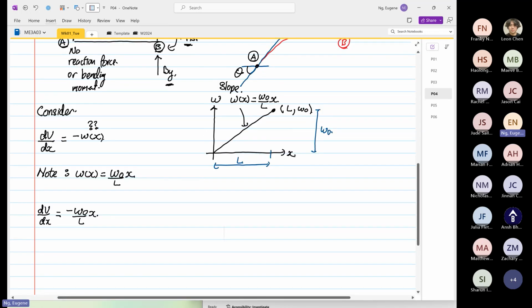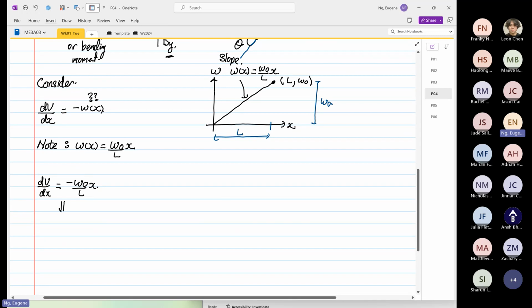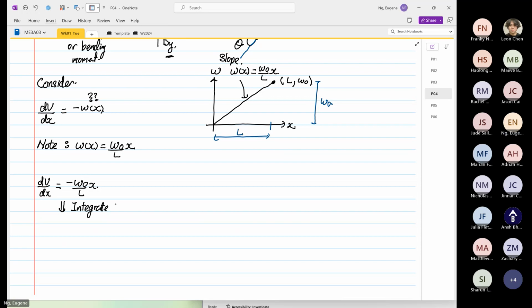Then what we're going to do next is integrate. So we have V as a function of x. This is equal to, we integrate minus omega naught x over L dx. So this will be equal to minus omega naught x squared over 2L plus C1.